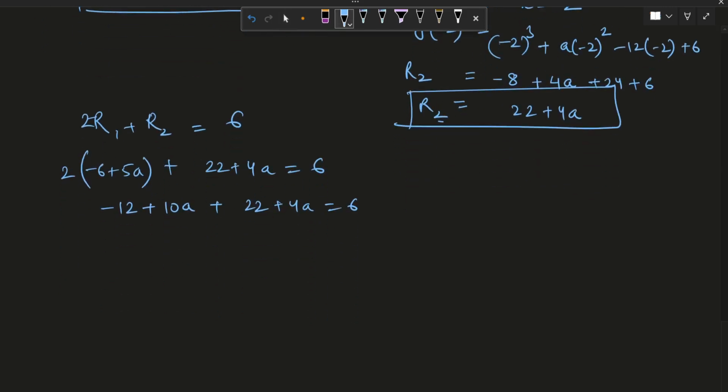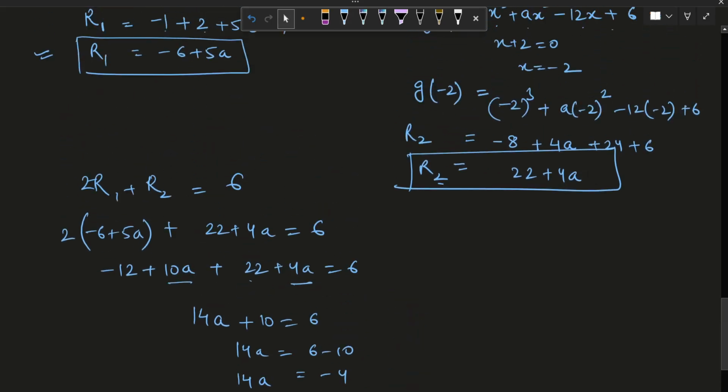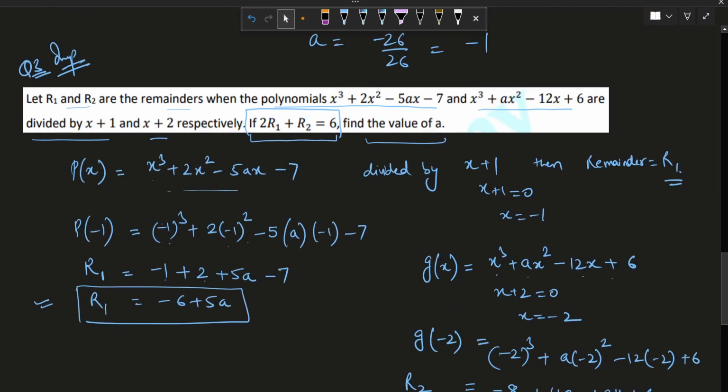Like terms 14a, 22 minus 12 is 10, so 14a is 6 minus 10 which is -4. so a का वैल्यू आ रहा है -4/14 which is -2/7. Okay, so I'm getting the value of a as -2/7.